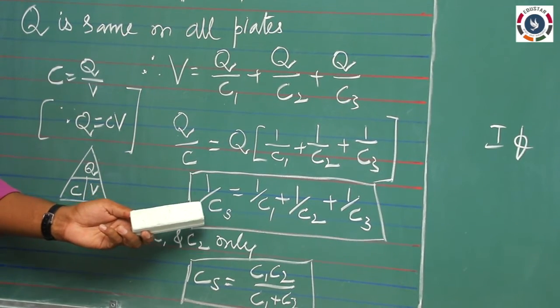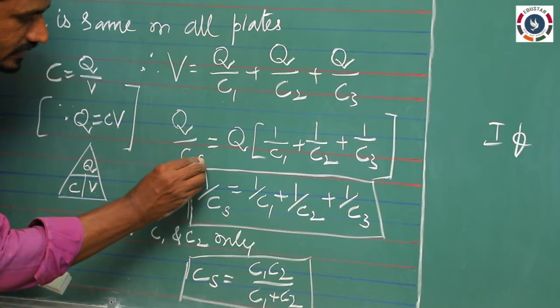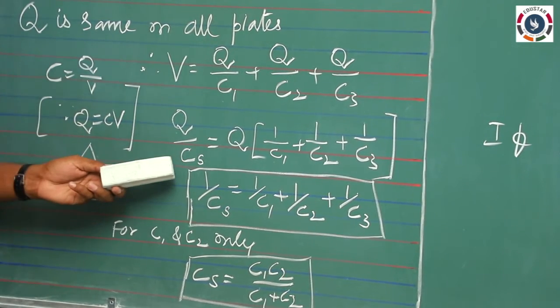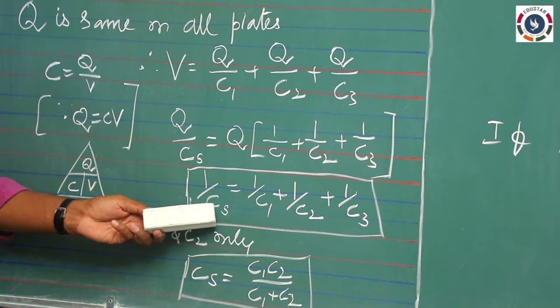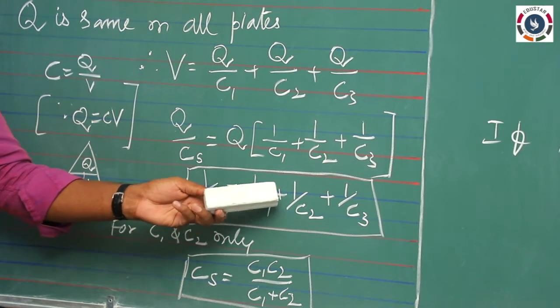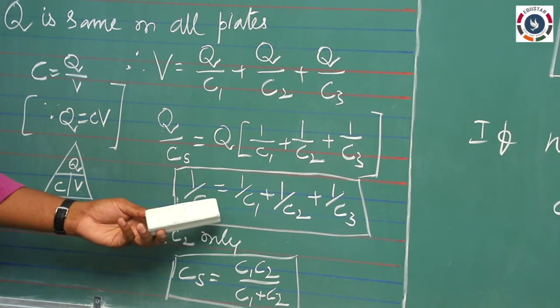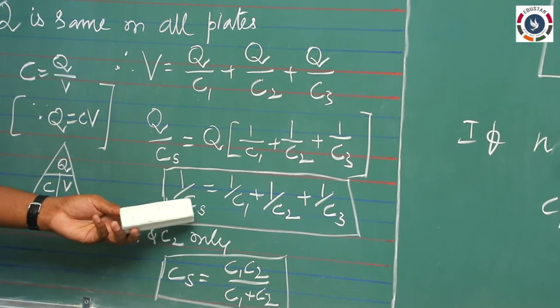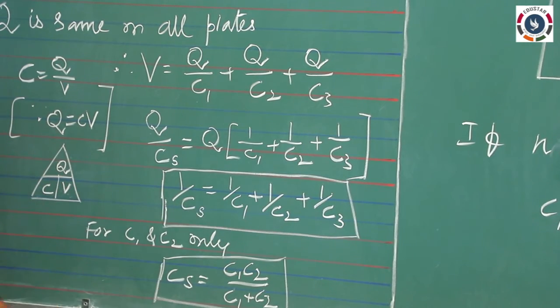So 1 by CS, where CS is the effective capacitance of the three capacitors in series connection, equals 1 by C1 plus 1 by C2 plus 1 by C3. This is the final effective capacitance of the entire connection of C1, C2, C3.